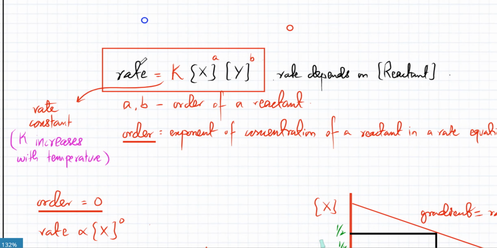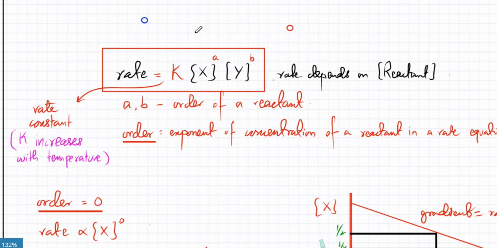Because remember, if you want to plot any graph, like y is equal to x, or find a relationship between rate and the concentration of X, you have to keep all the other things constant.